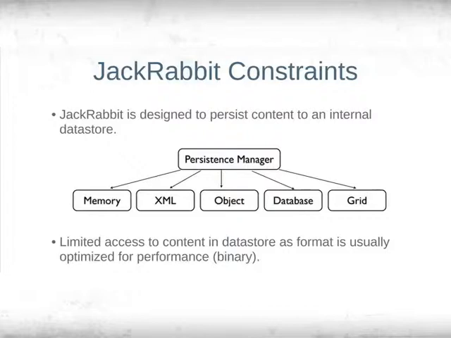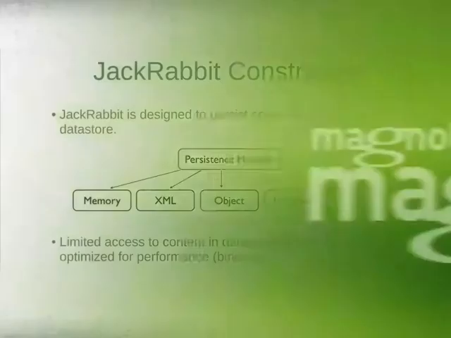Like if you use the XML persistence manager, because the files will be XML, you can read them externally without going through the JCR API. But that's kind of a corner case. The other persistence managers are optimized for performance, which means the data format's binary, so it's not easy to see what the content is unless you go through JCR. So that's just the way JackRabbit was built.